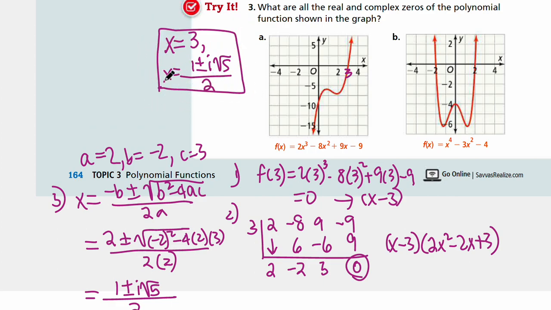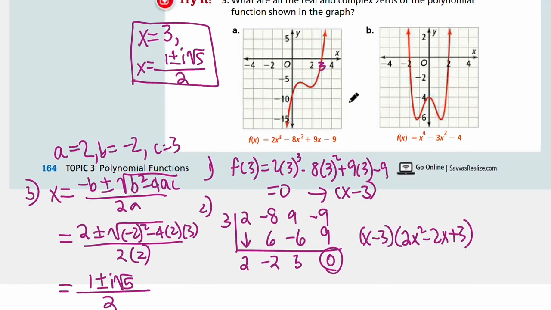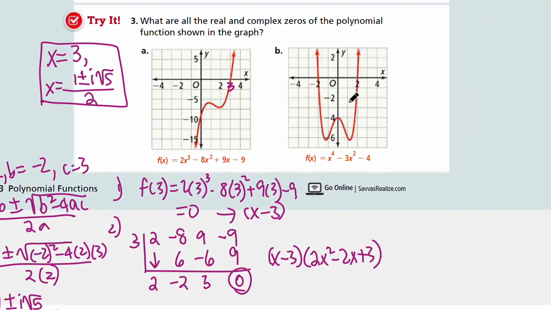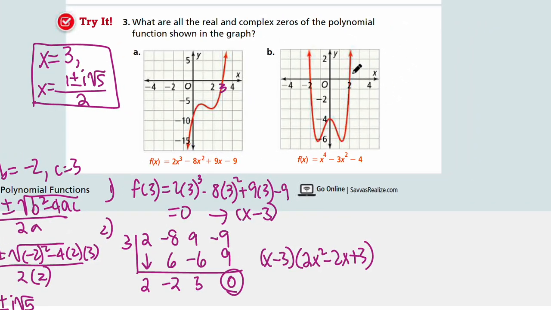That's your final answer for A. And using the same steps for part B, you should be able to get 2 real roots. So x is negative 2 and 2. And if you factor this out and use division, you will be able to get positive i and negative i for this one.